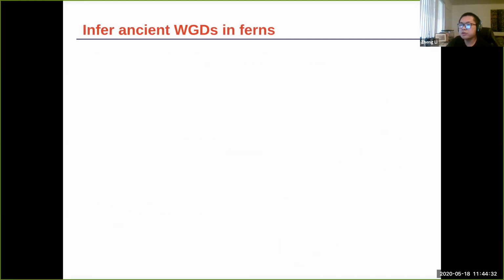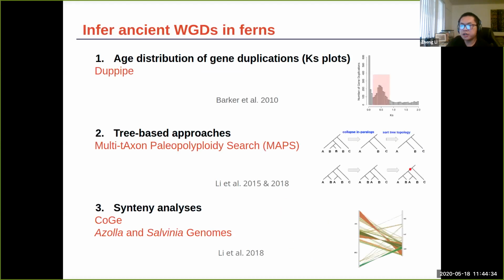So how do we infer those in ferns? Well, we take all three different approaches with the data set that we have. For the Ks plot, we use our DupPipe pipeline, which is available at evopipe.net. For the tree-based approach, we use the Multi-tAxon Paleopolyploidy Search, or MAPS, that I have developed over the last couple of years.